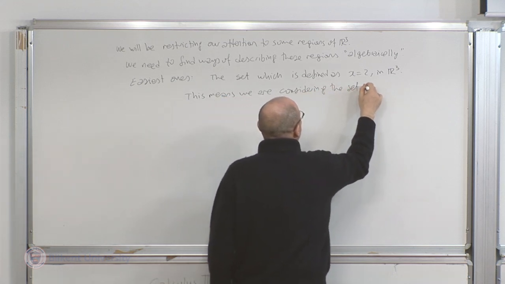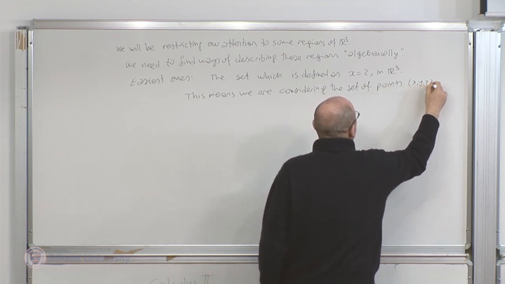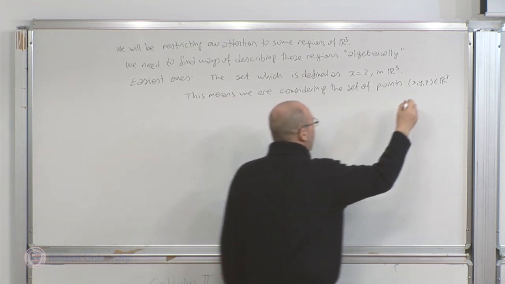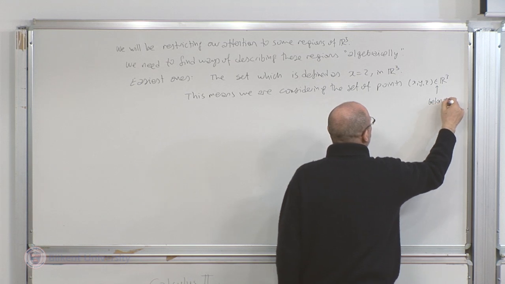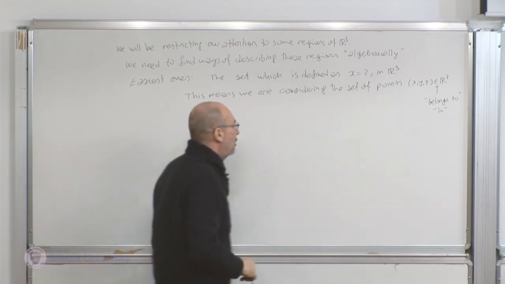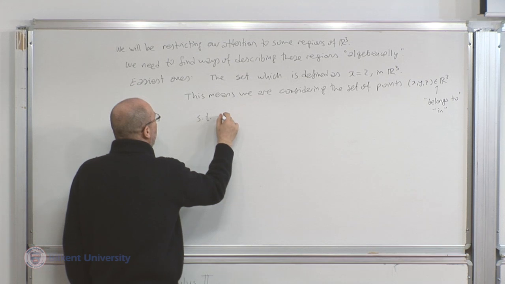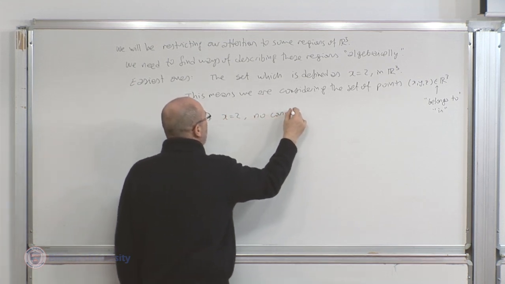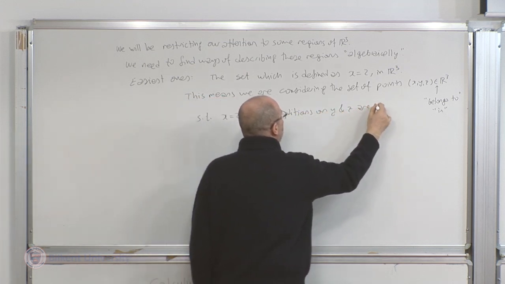the set of points x, y, z in R3. Remember that this symbol means belongs to, or we read it as in. It's something we used last semester, such that x equals 2, no conditions on y and z are given.